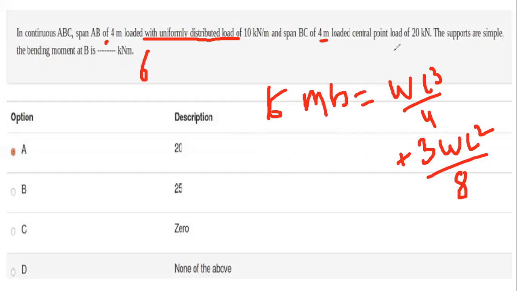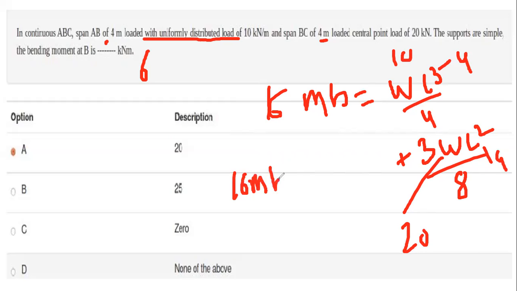Here W will be 10, L will be 4, and here W will be 20, and L will also be 4. If you put all these values together, 16 MB is equal to 280. So the moment at B will be 17.5.